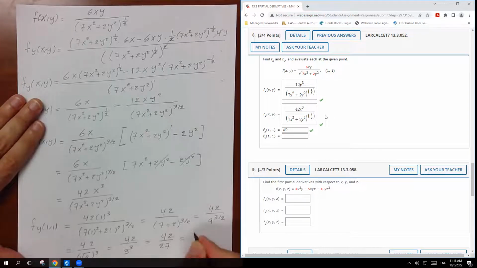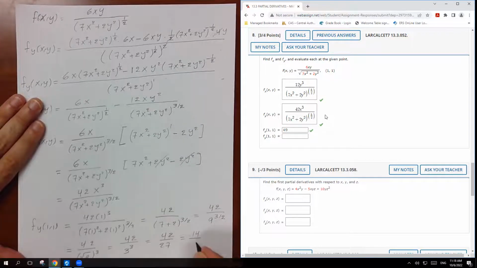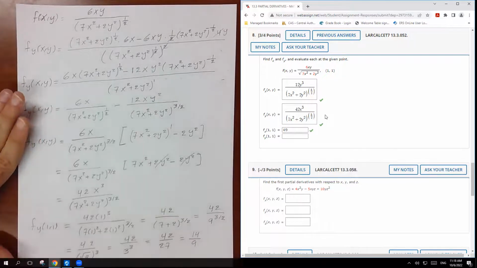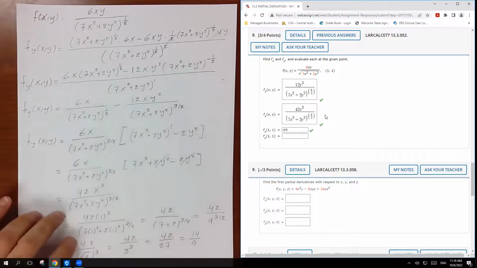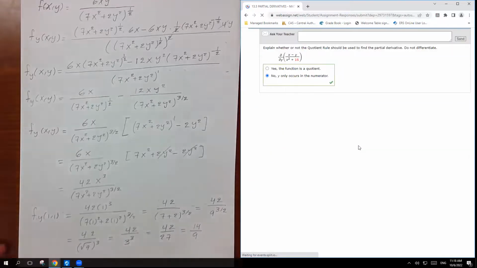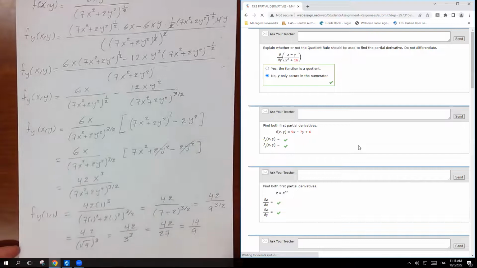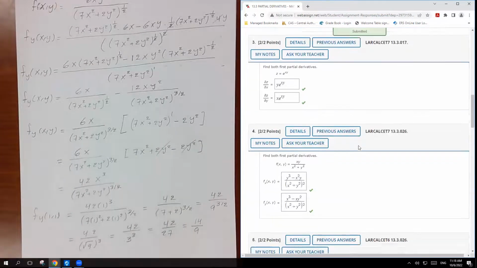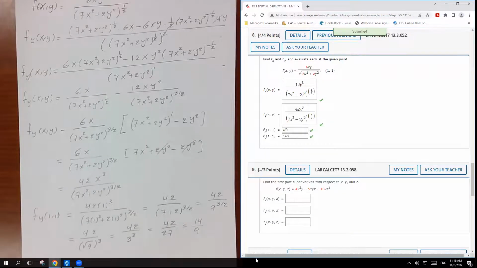So that means it's going to be 14 over 9. Wow, we got it.